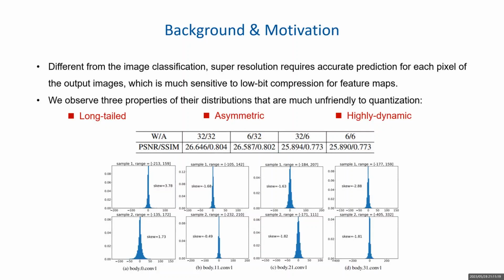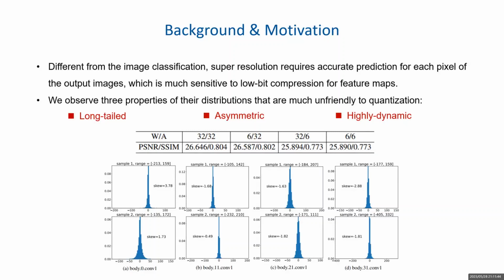Then we further visualize the activation distribution of intermediate layers and conclude three properties that are harmful to quantization. The first is long-tailed. The distribution is dense in the middle and sparse in the tails. Most values lie in a small range, while only a few outliers have larger amplitude.